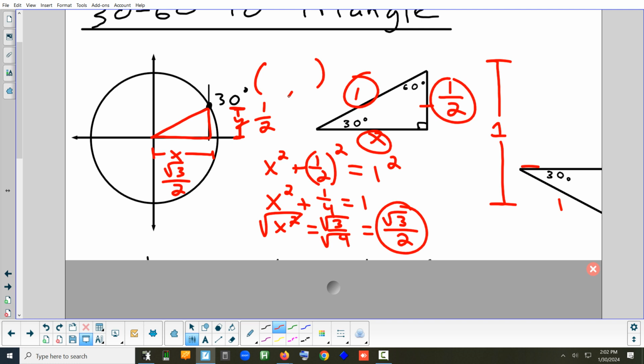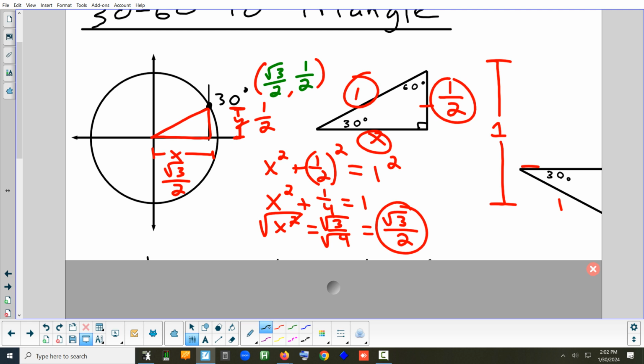Square root 3 over 2, comma, 1/2. That's the coordinate for 30 degrees. And that never changes on the unit circle. Okay, so we don't want to have to go back and figure that out again. Now we know it. That's the coordinate.